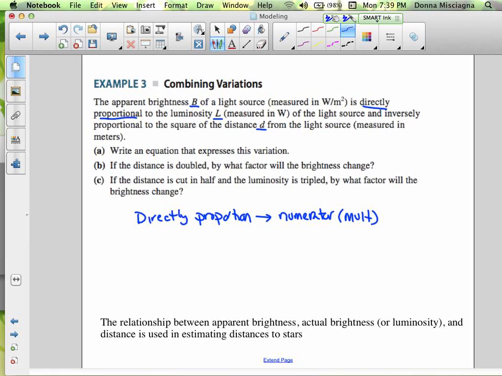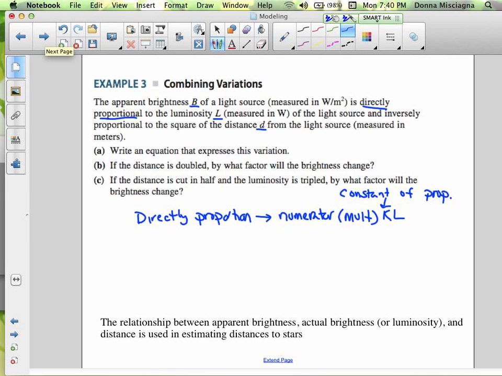So if it's directly proportional to L, L is in the numerator, and it's multiplied by K, because K here is our constant of proportionality. There has to be a constant of proportionality for directly proportional.